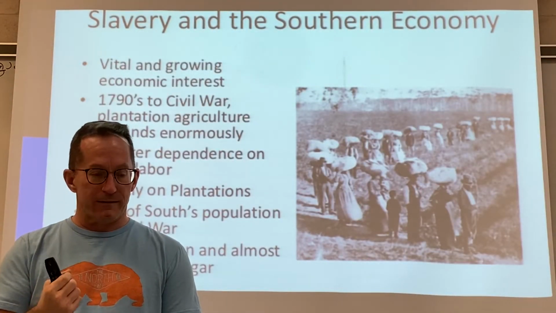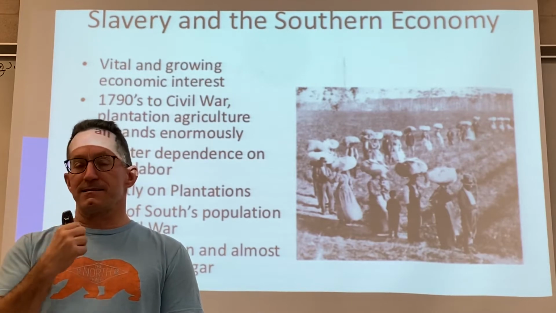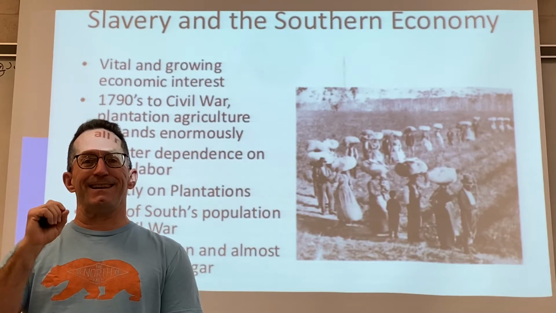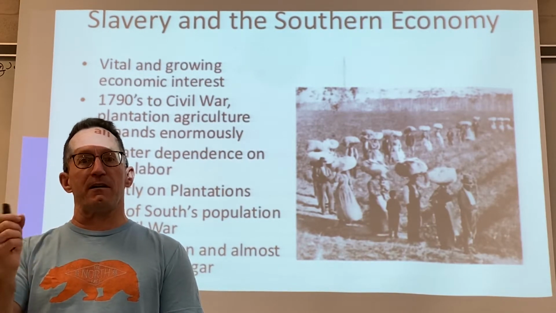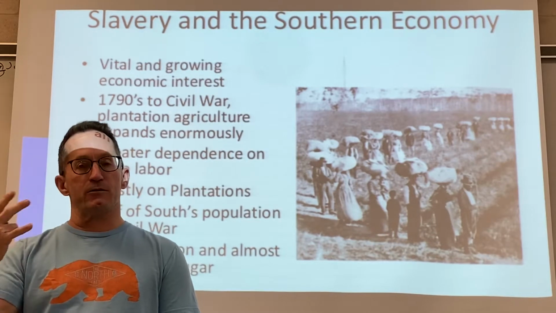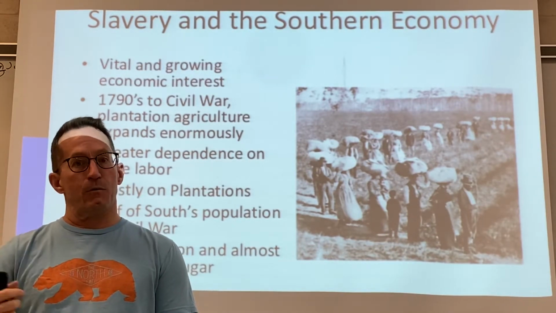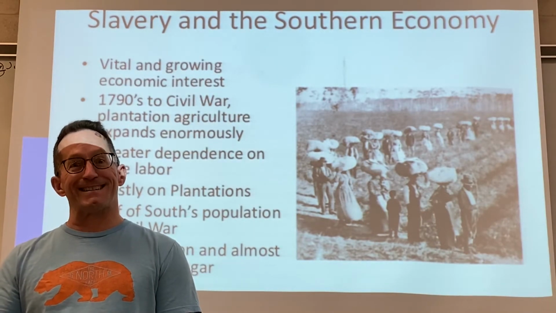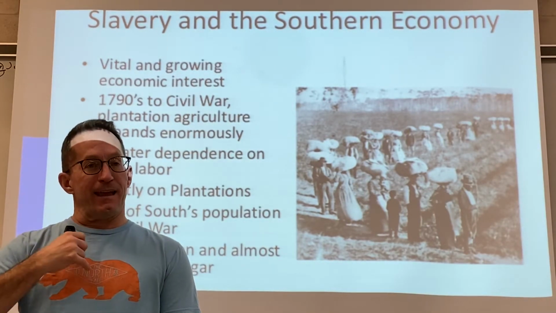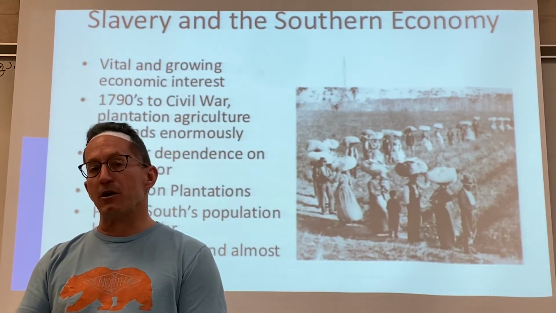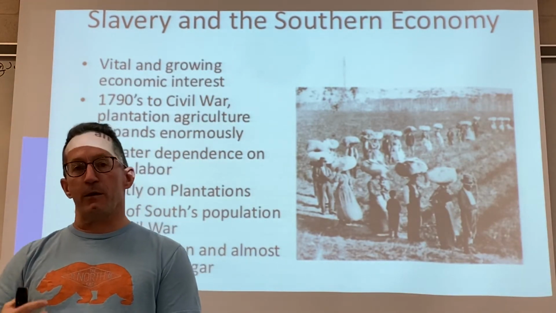Fast forward. Slavery really becomes extremely important in the economy of the southern colonies and the southern states. The southern states had these huge farms called plantations, where they would be growing tobacco, rice, cotton. Instead of using paid labor or machinery, they would use slaves.